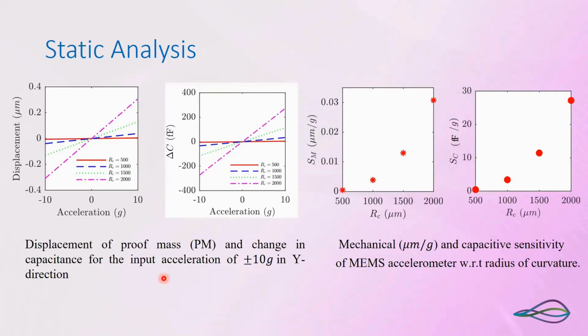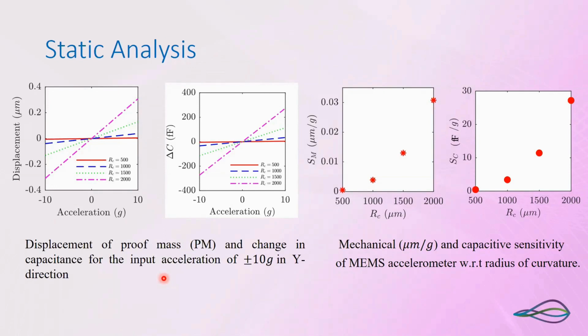After that, we did static analysis where we varied G from minus 10 to 10 and found the changes in the displacement at different radius of curvature. Here you can see for large radius of curvature, we get more displacement.